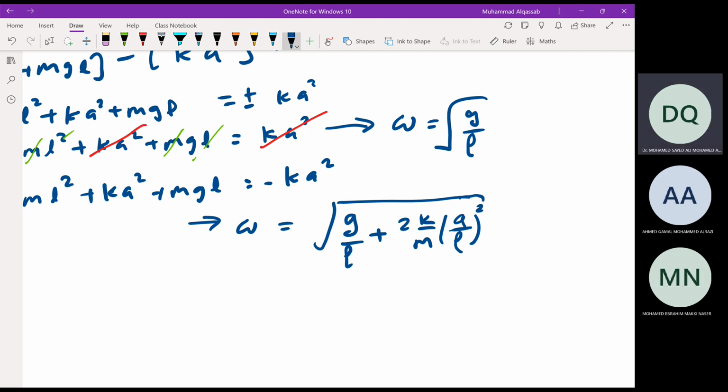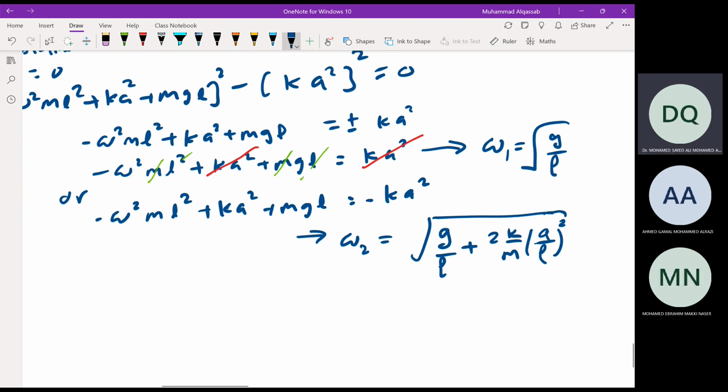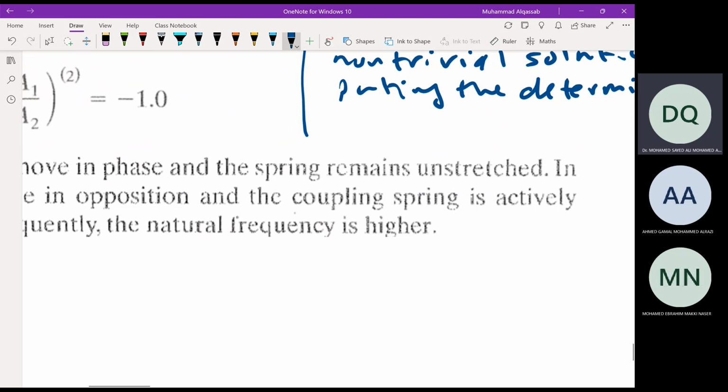This is omega 2, G over L plus this term. As you can see, omega 2 is bigger than omega 1, which equals the square root of G over L. So those are the natural frequencies that are given here.